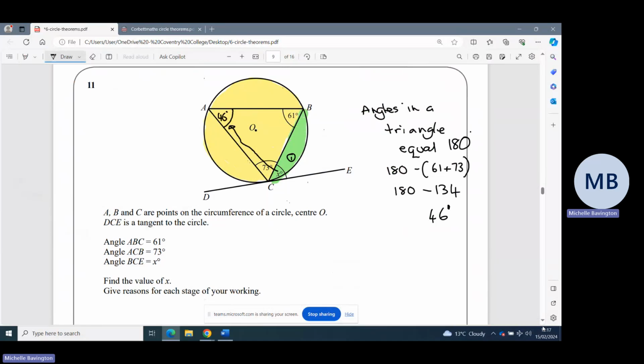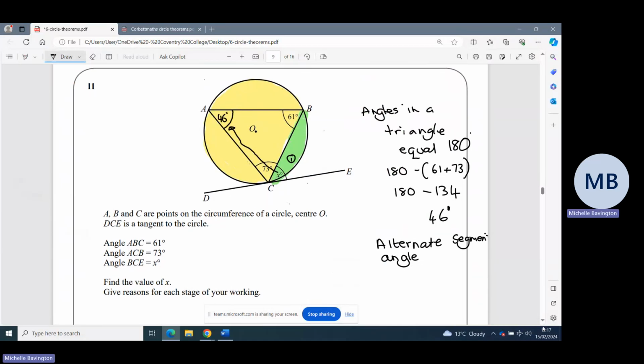46 degrees. So x, I'm going to write it, alternate segment angles are equal. So x equals 46 degrees.